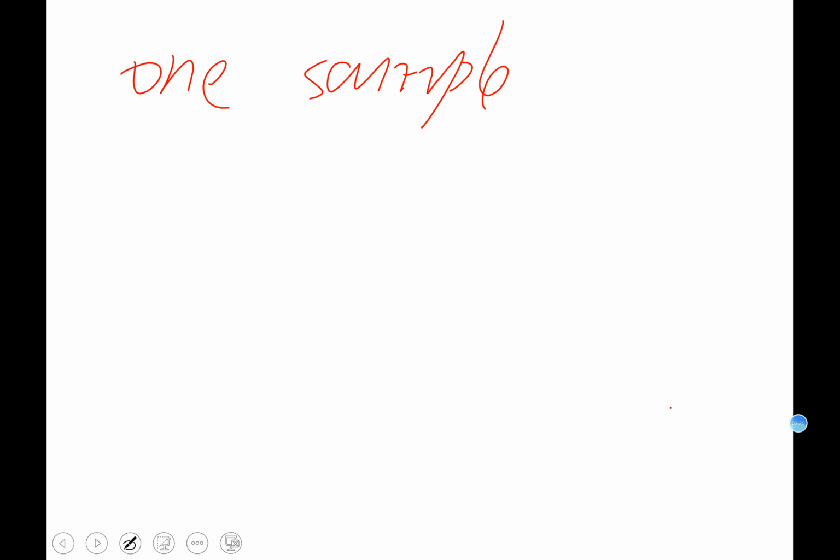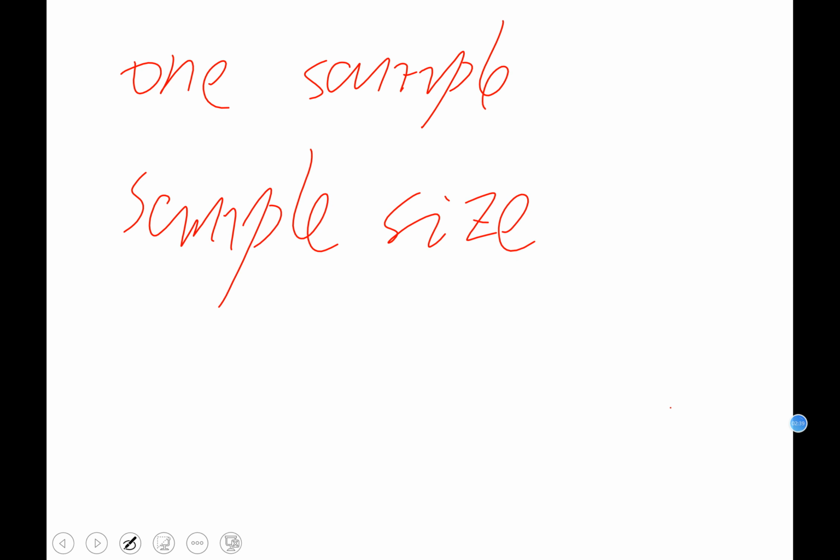So how can we know that? We can identify the number of samples by using the sample size. We often use the little n to represent sample size.